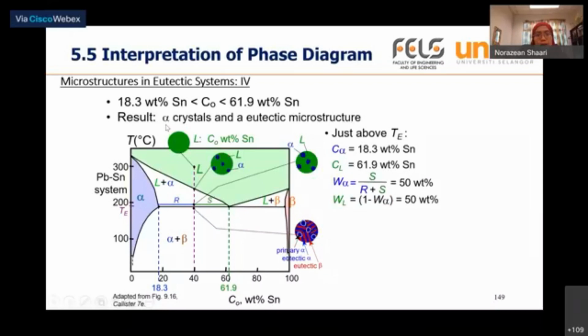Result dia adalah alpha crystal sebab dia close to alpha dekat sini. So dia akan ada alpha crystal dalam eutectic structure tu. So eutectic microstructure is yang alternating layer ni plus dia ada primary alpha ataupun alpha crystal.